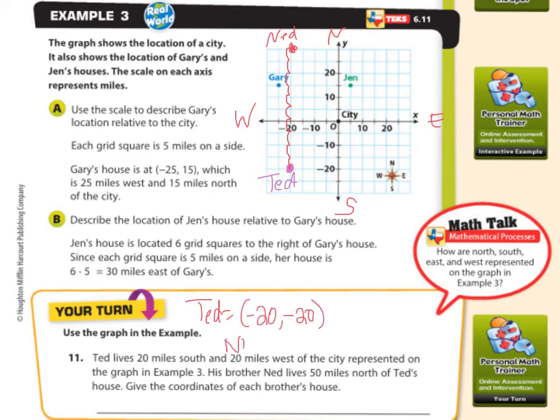And then his brother, I wonder if they're twins since they have such matchy-matchy names. Ned, you had to go to negative 20 miles west to get to Ned's house, but this time you went up. And where did we end up? 5, 10, 15, 20, 25, 30. Positive 30 to get there. Okay, so that's where he lives.